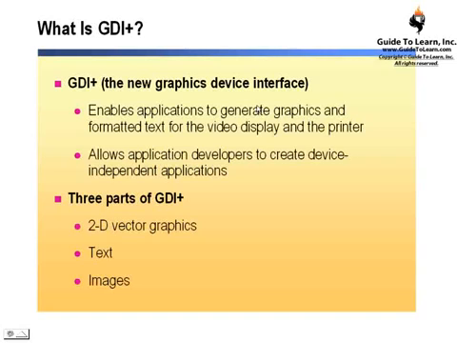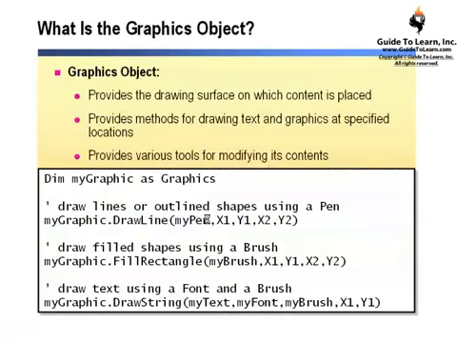GDI Plus has three parts. You have 2D vector graphics using the DirectX technology. You can have 3D vector graphics, of course, and then you have text and images. The graphics object is available as part of .NET. It provides the drawing surface on which content is placed, provides methods for drawing text and graphics at a specified location, and also provides various tools for modifying its context.